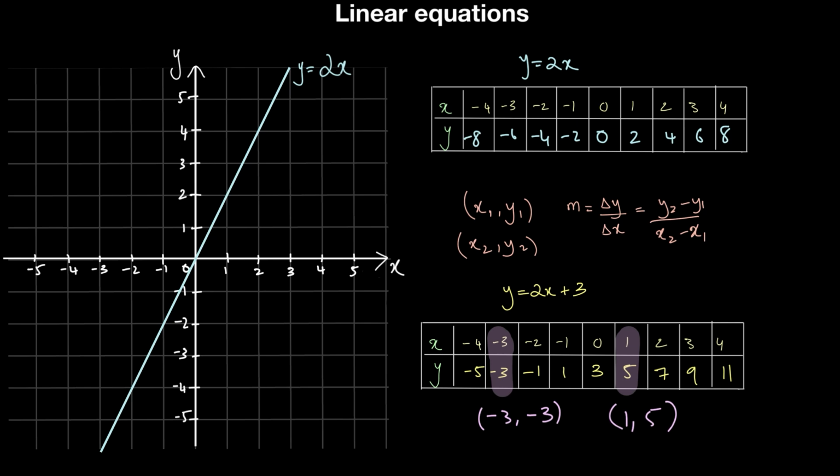Remember, for any point, it's always the x coordinate and then the y coordinate. So when x is minus 3, y is minus 3. And when x is 1, y is equal to 5. And if I plot a line through these 2 points, this is what that line looks like in yellow.